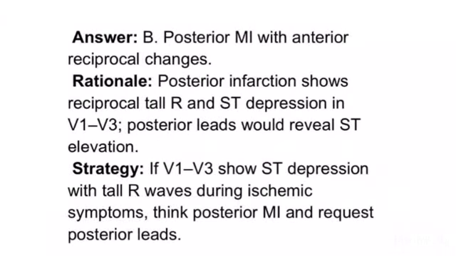Answer: B. Posterior MI with anterior reciprocal changes. Rationale: posterior infarction shows reciprocal tall R and ST depression in V1 to V3; posterior leads would reveal ST elevation. Strategy: if V1 to V3 show ST depression with tall R waves during ischemic symptoms, think posterior MI and request posterior leads.